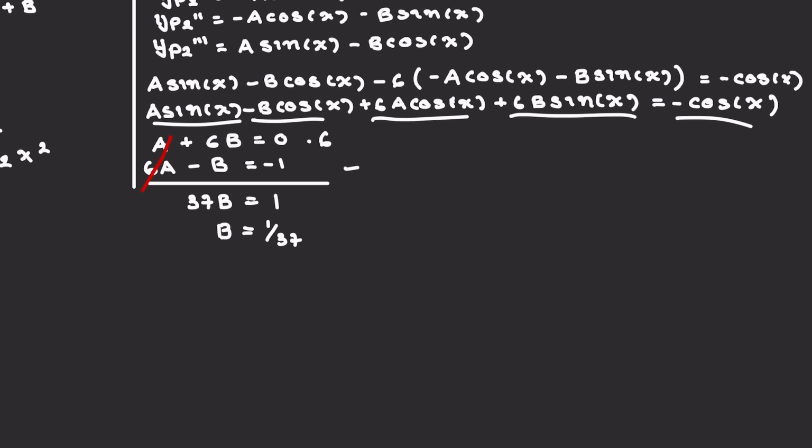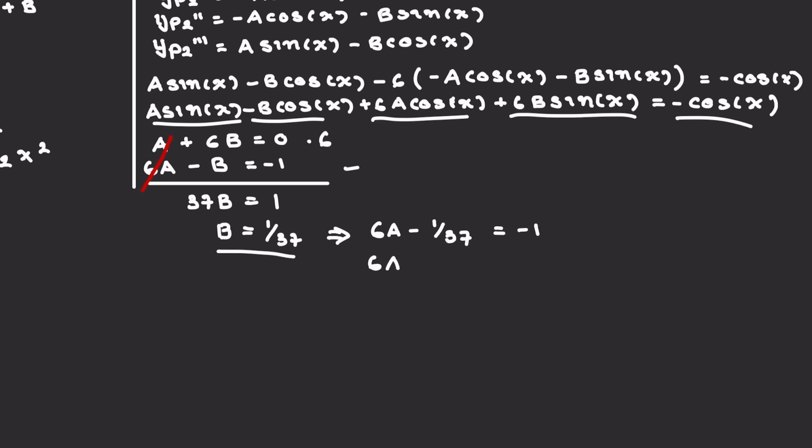And so now we can solve for a because we have b. Then we can plug our b into our first equation or our second equation, because we don't have any coefficients in front of b, which makes the calculations easier. 6a minus 1 over 37 equals negative 1.